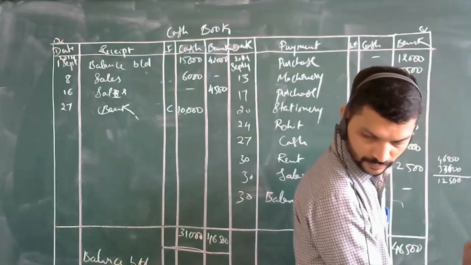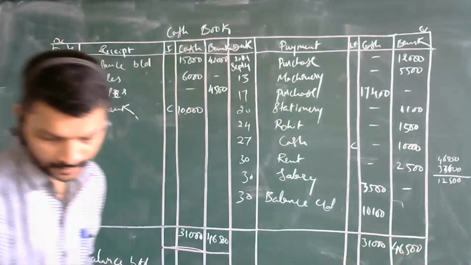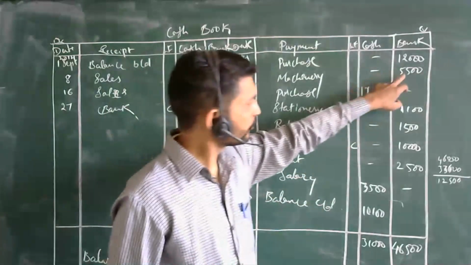Is it 12,000, 13,500? How much it will be? 13,900. What amount I have missed over here?